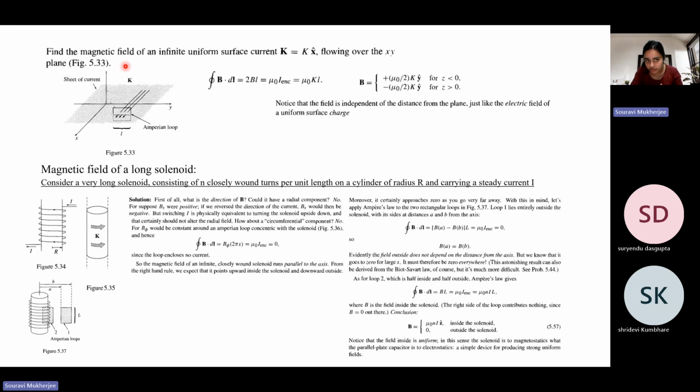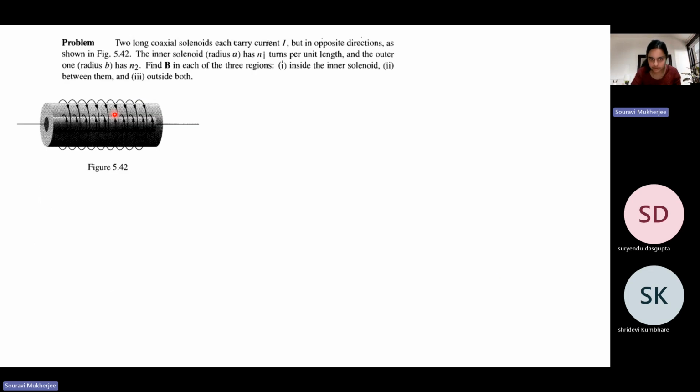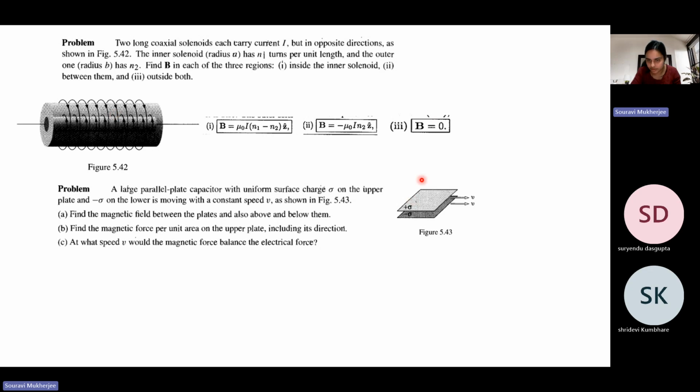And because the field does not depend on how far you are from the plane of the current, anywhere outside, above or below, the effects will get cancelled, because the field due to one plane of current is cancelled out by the other. So above and below, it will be 0.